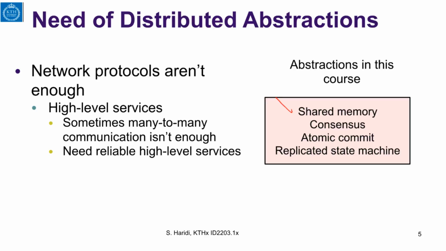Or we would like to have some form of agreement between different processes, or in the case of a distributed database, we would like to implement an atomic commit, which is a form of agreement. Also, maybe we would like to have a reliable service by implementing a replicated state machine. It is a service that is replicated over multiple machines, so that if one dies, the other machines can continue.